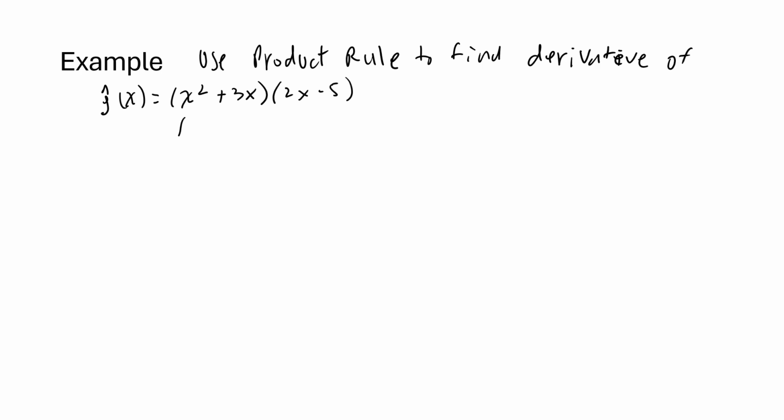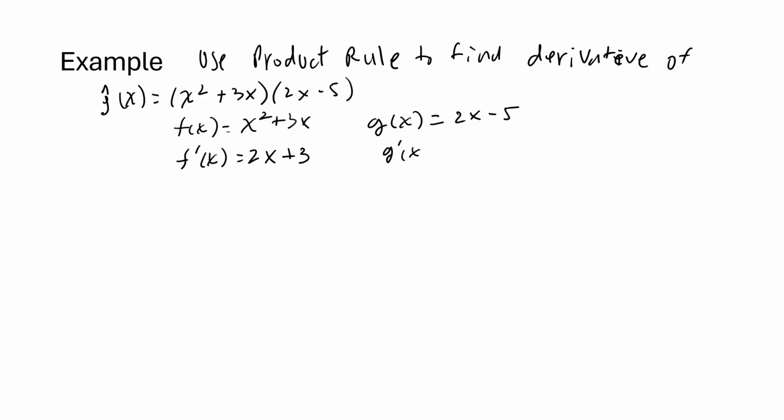So now our f of x is going to be equal to x squared plus 3x, and our g of x is equal to 2x minus 5. Now f prime of x, using the power law, is 2x plus 3, and g prime of x is just equal to 2. So now dj dx is equal to f prime g plus g prime f.